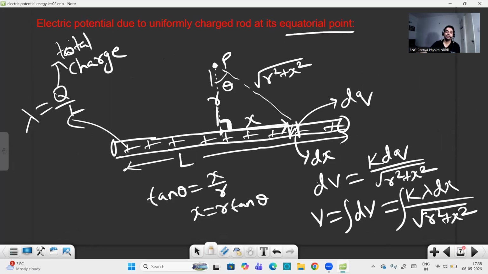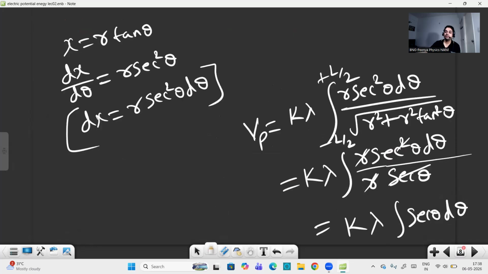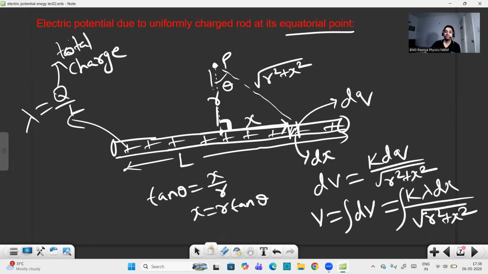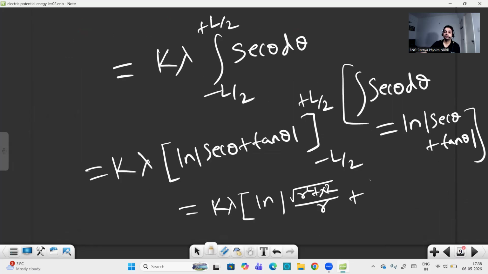Secant theta from this triangle is h by b, so root under r square plus x square by r. Then tan theta is p by b, opposite by adjacent, so that is x by r. And then you put the limits minus L by 2 and plus L by 2.